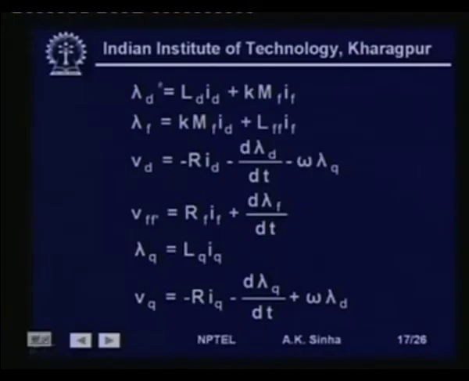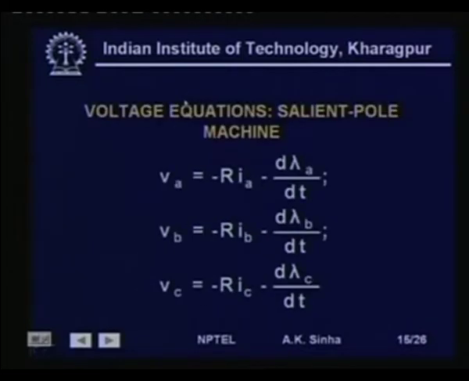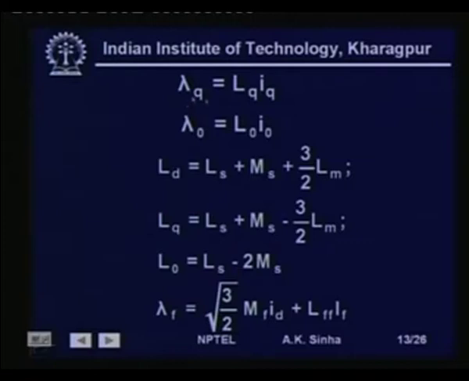So, again we can write this lambda d is equal to L d I d plus k m f I f, lambda f is equal to k m f I d plus L f f into I f. This is the flux linkage of the coils in the direct axis. This is what we had seen earlier.